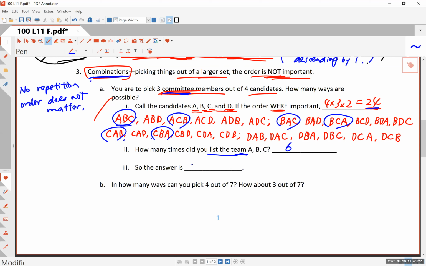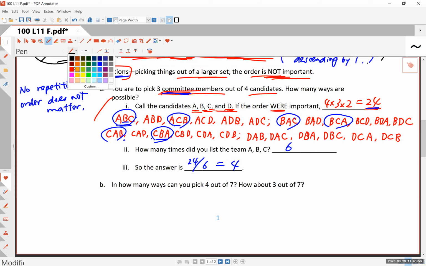So even though I started with 24 permutations, each combination comes in a group of 6. So I have to divide this by 6, and the answer turns out to be only 4. That's the number of combinations when you have to choose 3 out of 4.